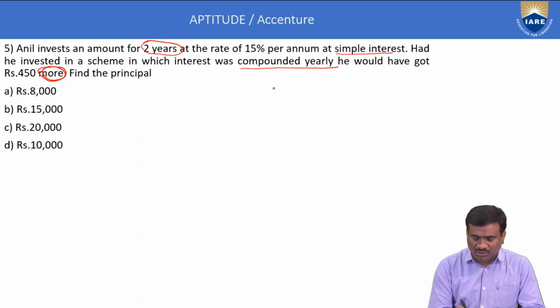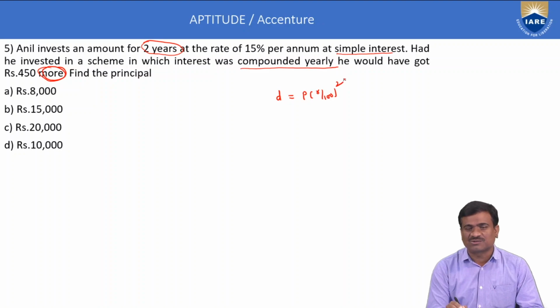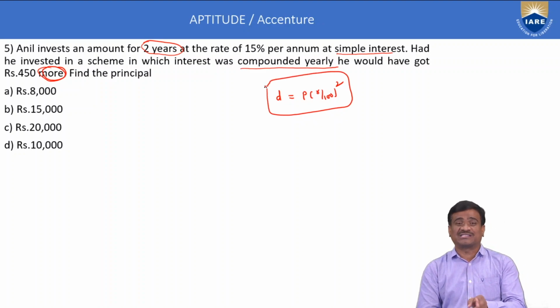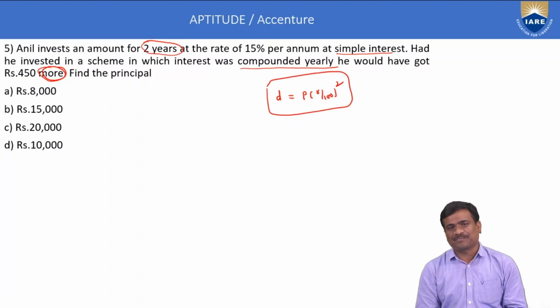The difference between simple interest and compound interest for 2 years is D equals P into (R by 100) whole square. This is the relation between simple interest and compound interest for 2 years compounded yearly.